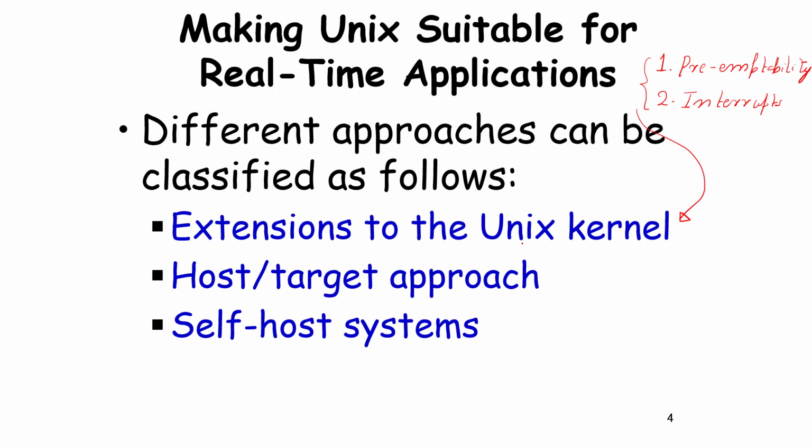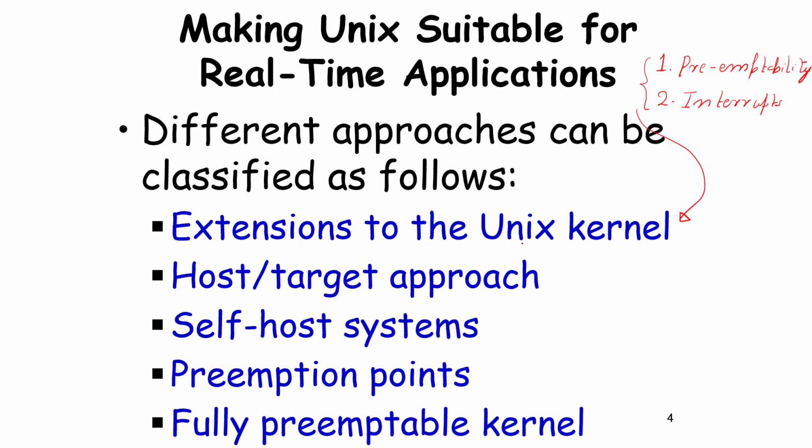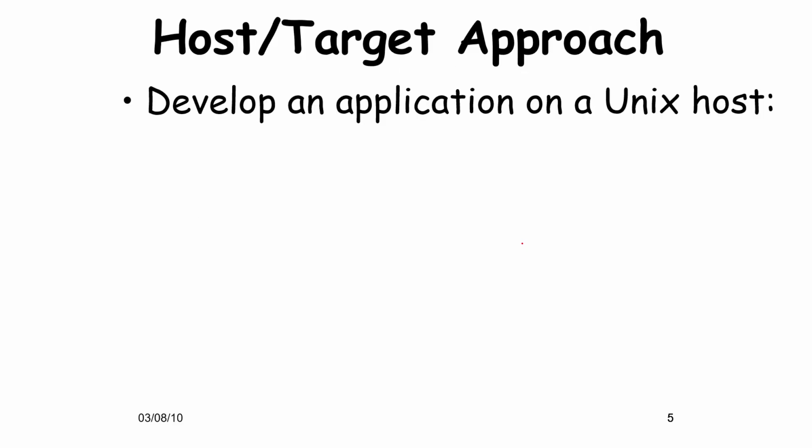Then we'll discuss self-hosting systems and preemption points, and then a fully preemptable kernel. If not fully preemptable, let's say preemptable to a very large extent. So we have already discussed extensions to Unix. So the next is the host target approach.